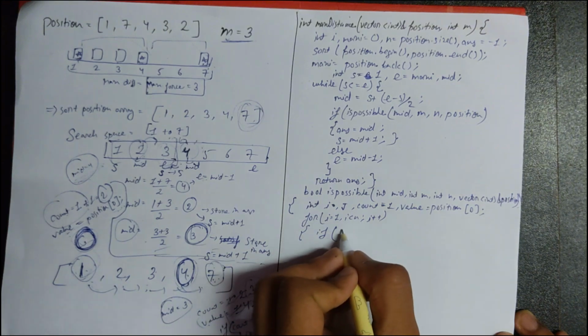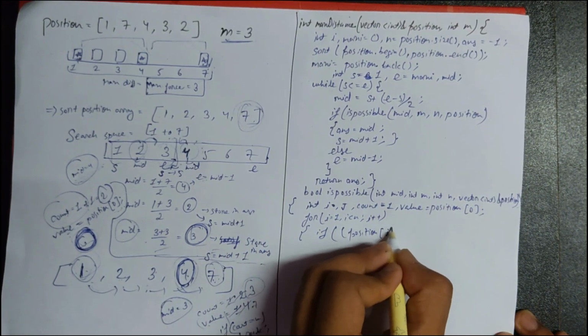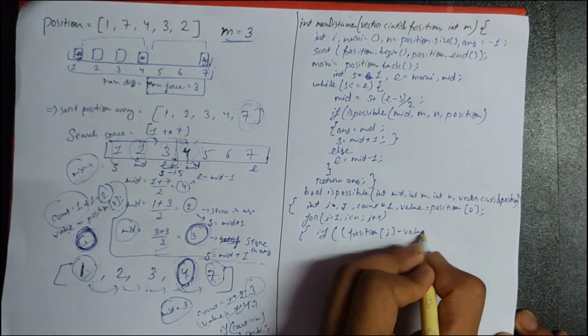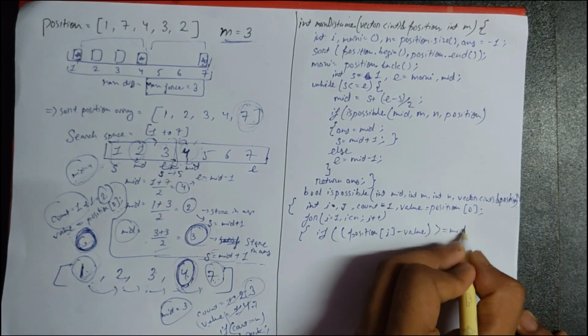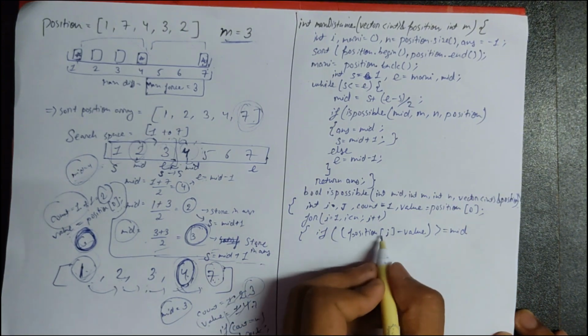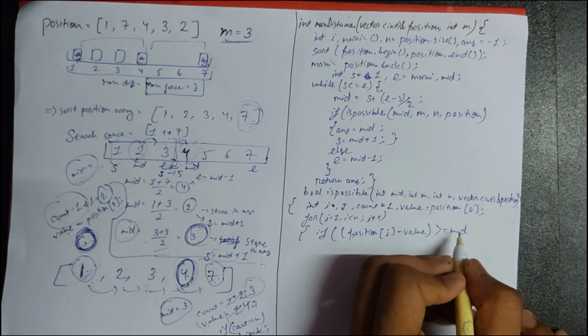So if position of i minus value is greater than or equal to mid, and we don't have to worry about taking modulus because this value will always be greater as it is on the right side of the array.